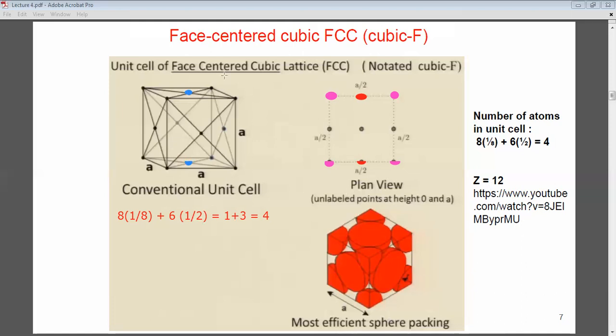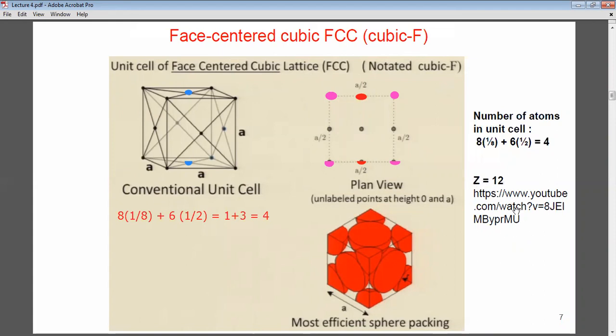I found this resource over here. If you just copy paste this link to YouTube or to Google, you will see it clearly how the coordination number is 12.